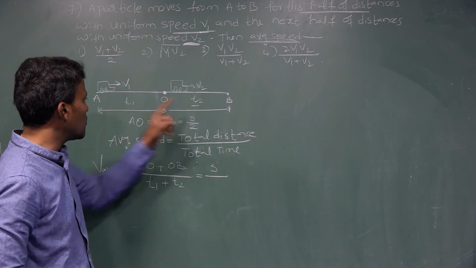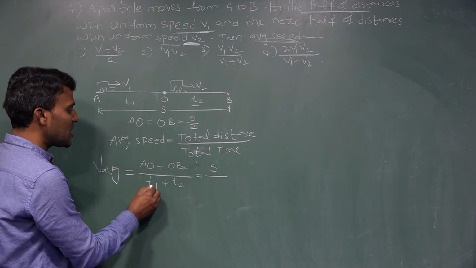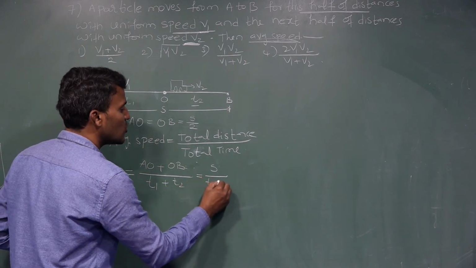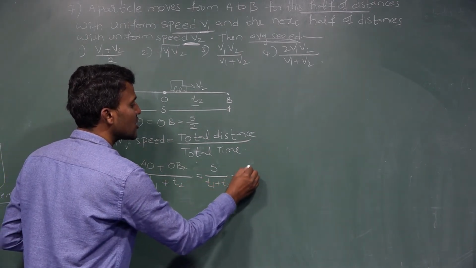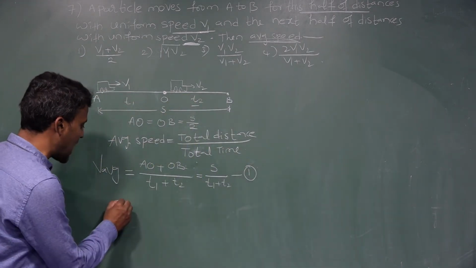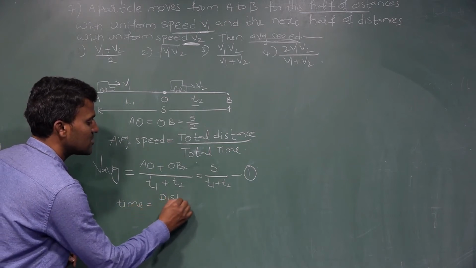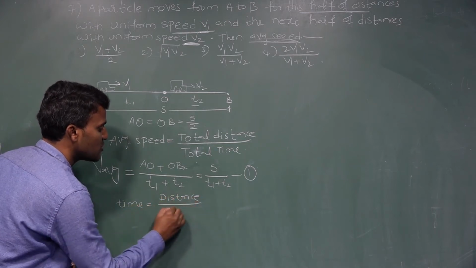The total distance from A to B is S, and the time is T1 plus T2. We have to substitute those values. This is equation number 1. We know very well that time is equal to distance by speed.